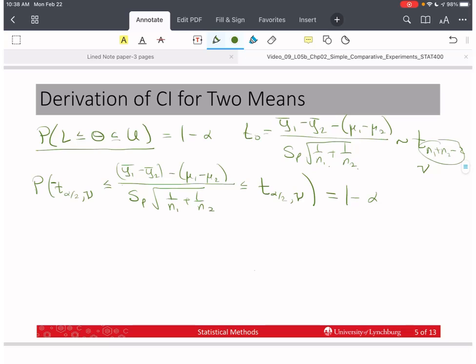This works because the t distribution is symmetric.